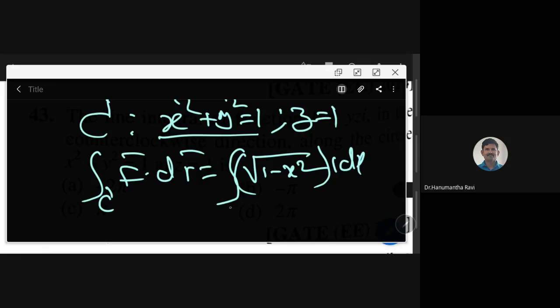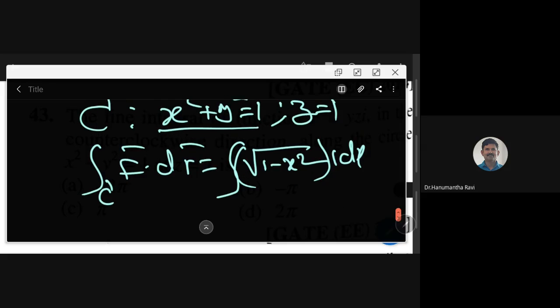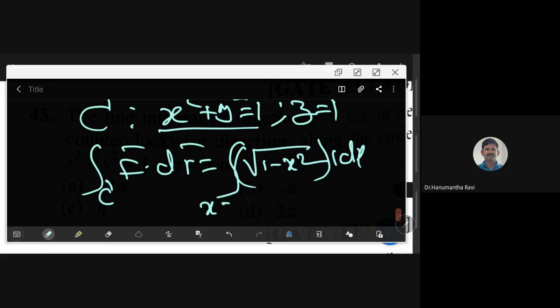Here x is varying from 0 to 2 pi because it's a full circle.